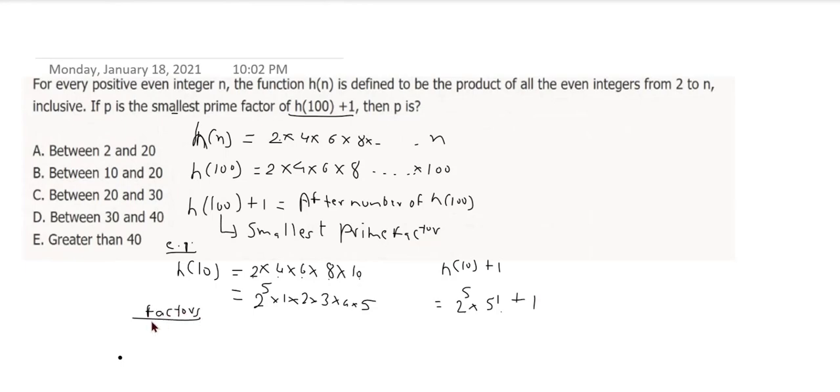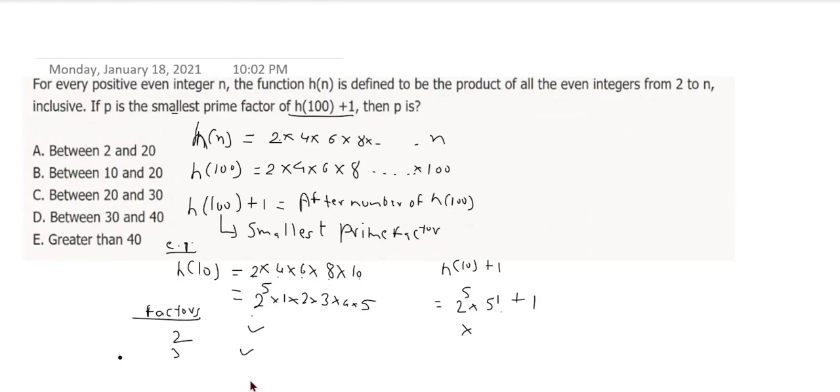If 2 is a factor of h(10), is it going to be a factor of the next number? The next number will be odd, because after an even number you get an odd number. So 2 is not going to be a factor of this number. Now, how about 3? Will 3 be a factor of this next number?